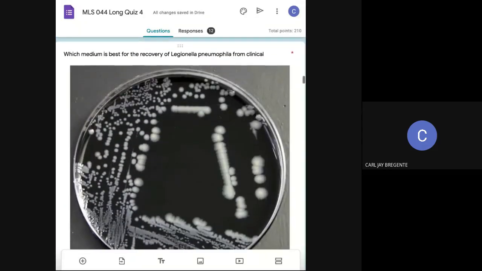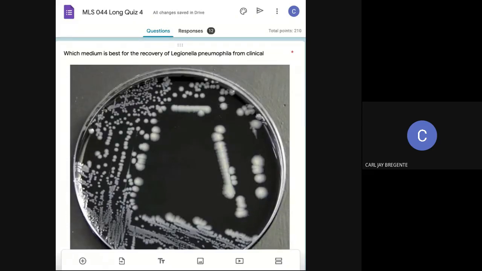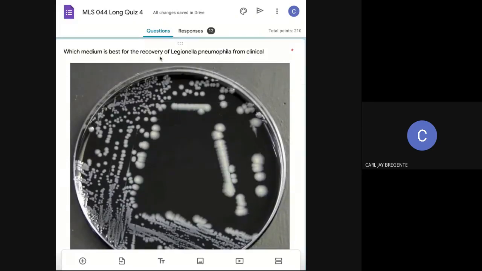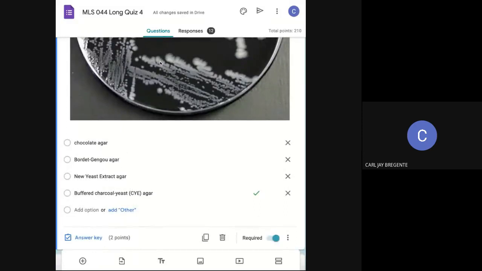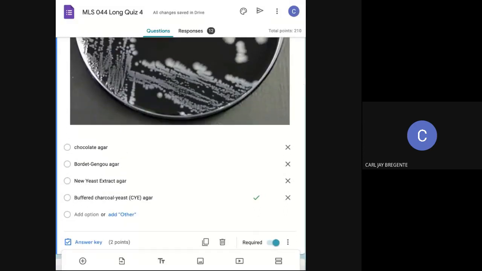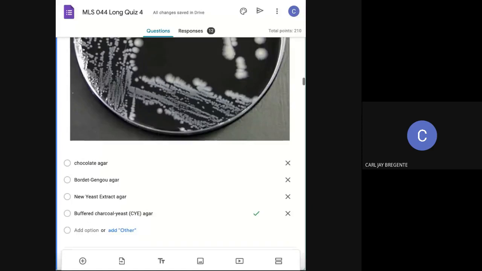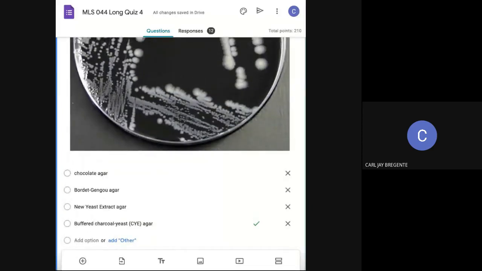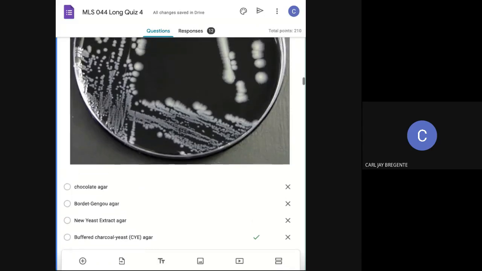Which medium is the best for recovery of Legionella pneumophila from a clinical specimen? This is buffered charcoal yeast extract agar. This agar is non-selective but can be made more selective by adding antibiotics, class, like polymyxin and anisomycin to inhibit the growth of other microorganisms.